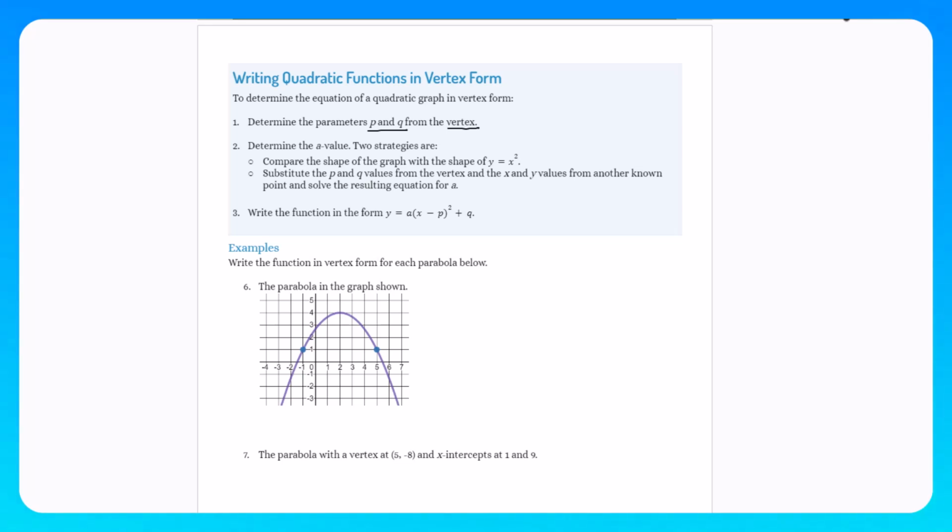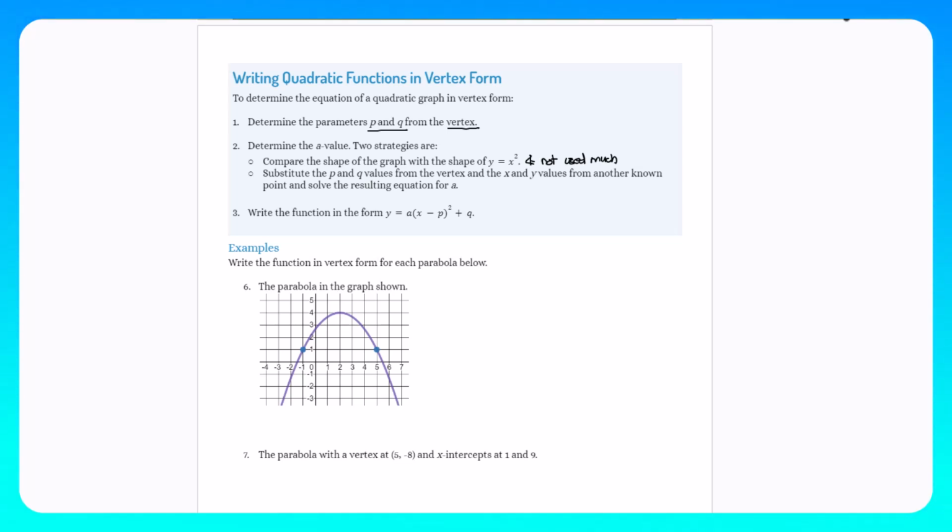So we don't want to use this, not used much. But for this one, substituting the P and Q from the vertex and the X and Y from another known point and solving the equation, that's a keeper. And then we can write that in our vertex form.